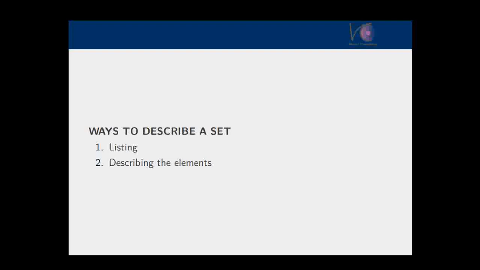Basically, this approach involves making a descriptive statement of the elements that you see inside a particular collection. Remember, in the previous example on listing, we had a set that contained a mango, a guava, an orange, and an apple. What are these elements? What do they have in common? You say, this is a set of fruits.